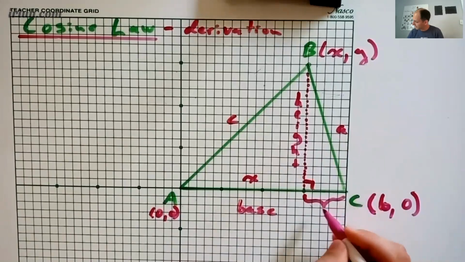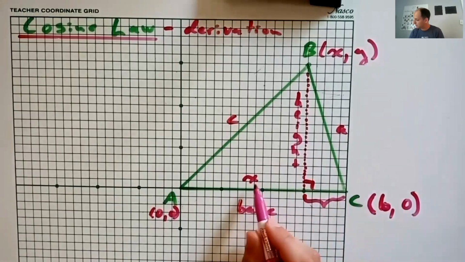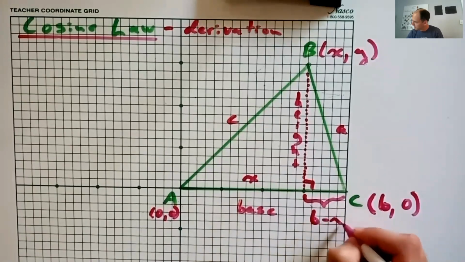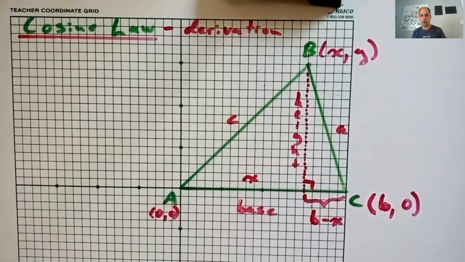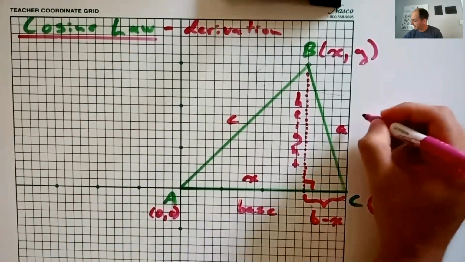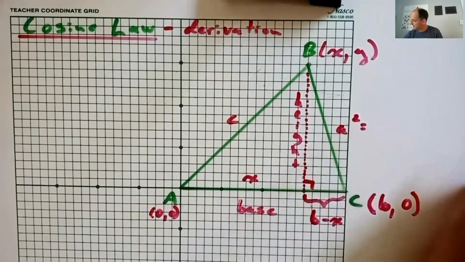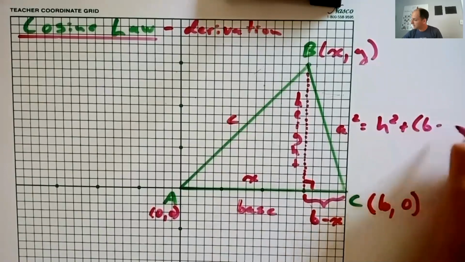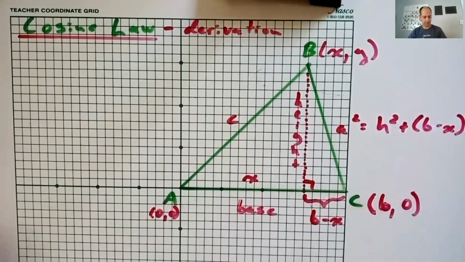The other shorter leg over here is, if you have the base going to point C, if you subtract out the length X, you have b minus X. Therefore, we can create a Pythagorean relationship such that a squared is equal to h squared, the height, plus (b minus x) all squared.